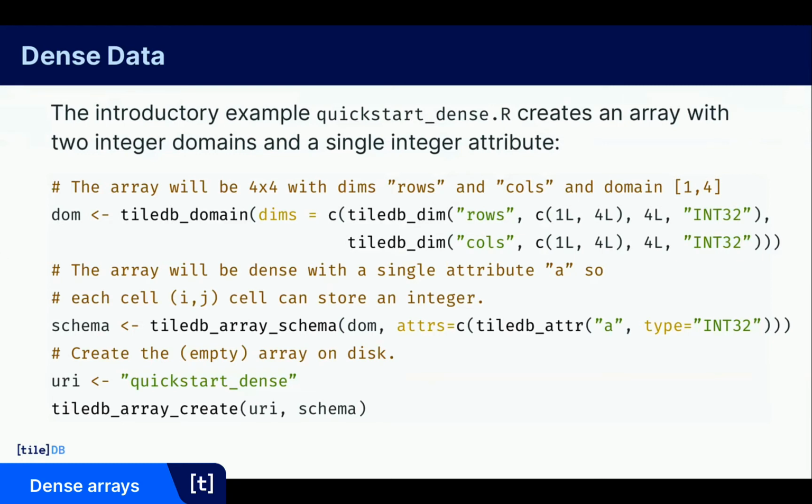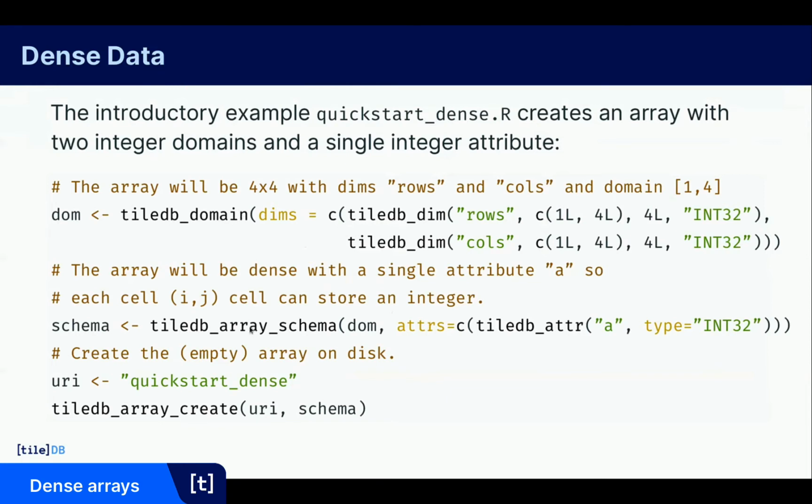So here we have the very first example, quickstart dense, that starts the TileDB documentation at the very top in a C or C++ example, and some Python examples. And here I'm showing you, and we'll come back to that a little bit later again, basically how we would do these operations with more atomic TileDB commands that correspond more directly to the underlying API.